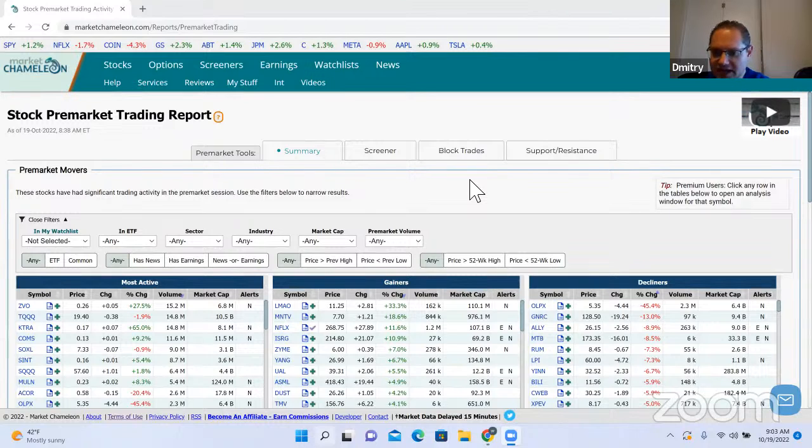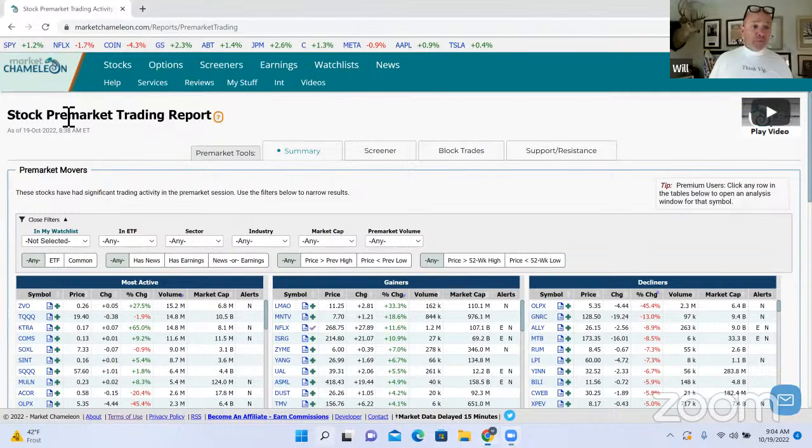But before we get to that, let's take a quick look at the pre-market report, see what's going on today, and then I'm going to show you an example of what implied volatility versus realized volatility might look like if you visualize it. All right. Perfect.